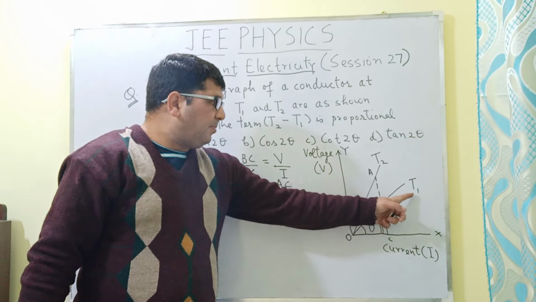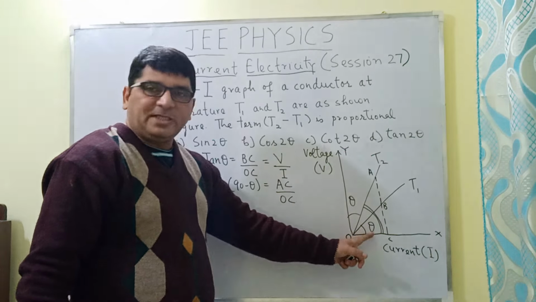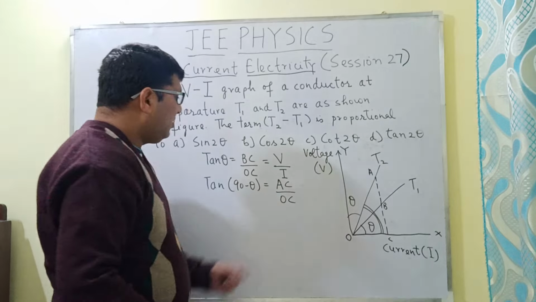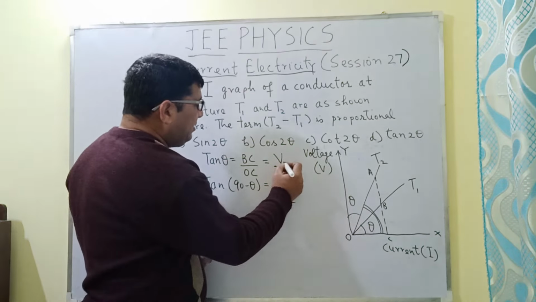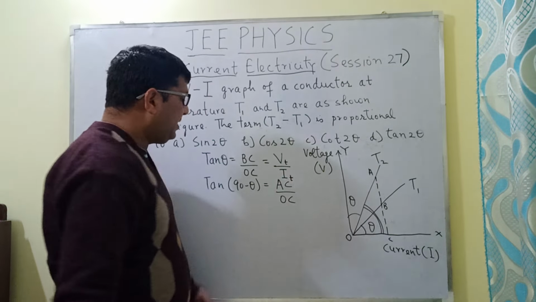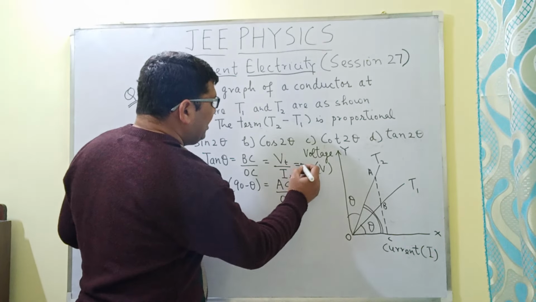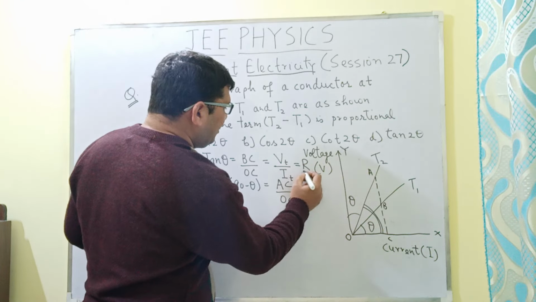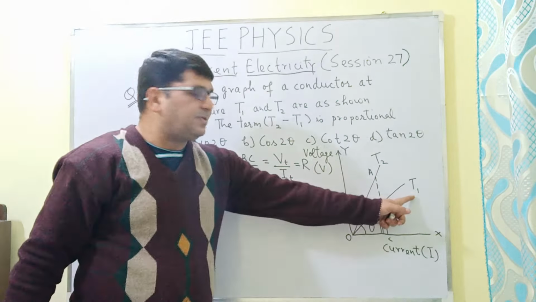So at temperature T1, the value of tan theta is equal to V upon I, where V is the voltage at any moment of time and I is the current at any moment of time. And the ratio V upon I is basically the resistance of this conductor at temperature T1.